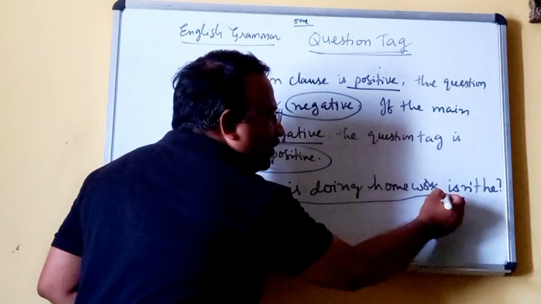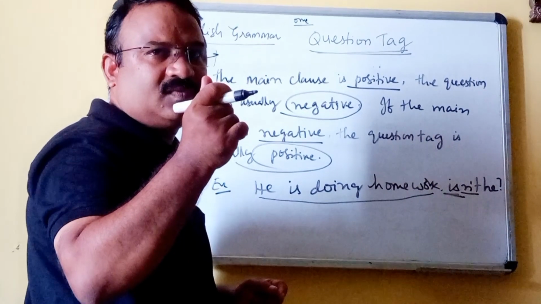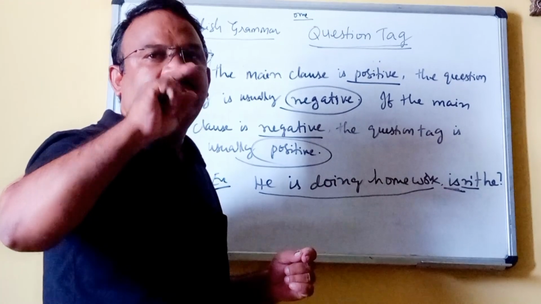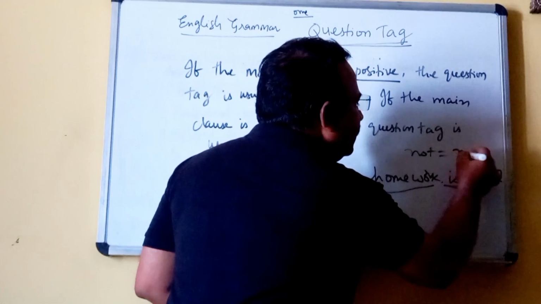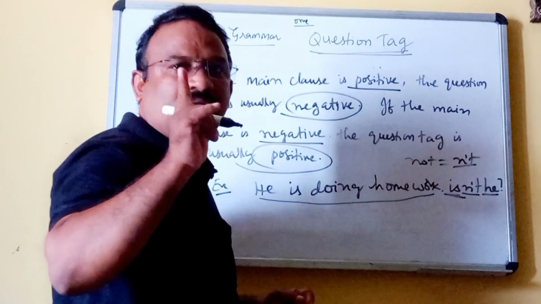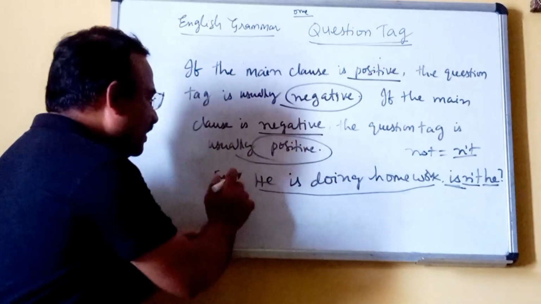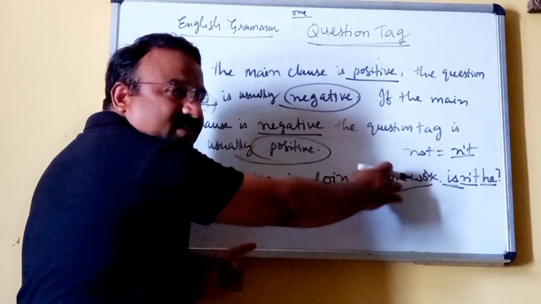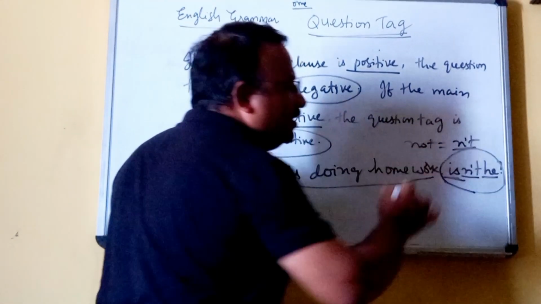This is the helping verb, auxiliary verb, and negative n't, contracted form. Not here is the short form, n't. So isn't, and the subject must be pronoun. So isn't he. See, when the main clause is positive, the question tag must be negative.